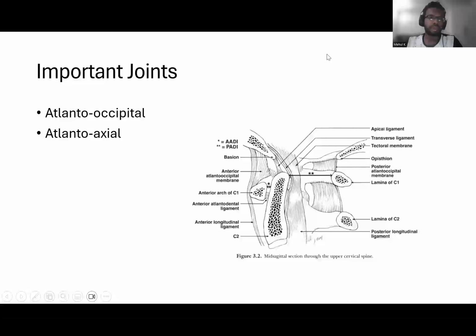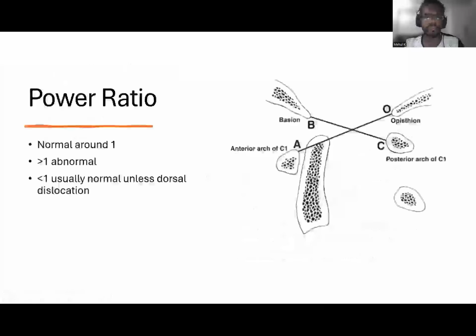The exact details are perhaps not needed, but it is important to recognize that in ligamentous injuries at this level, you can have displacement of your normal bony structures. For example, there's something called Powers ratio, where you are looking at a ratio between A to O and B to C.